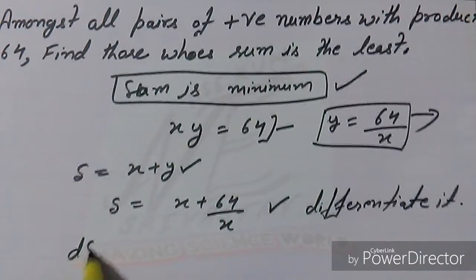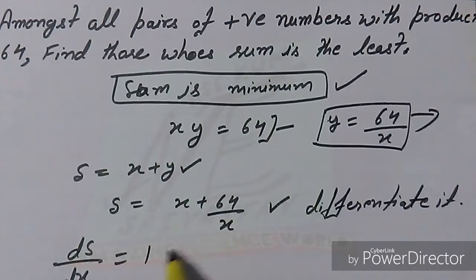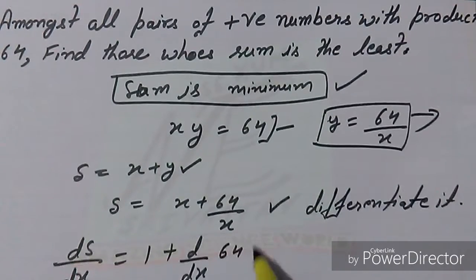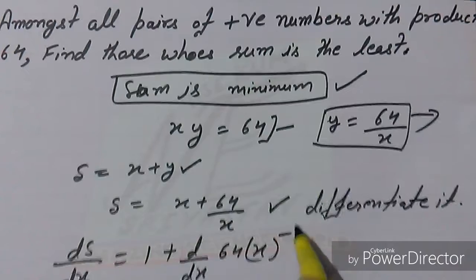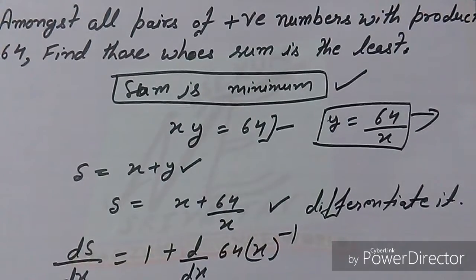Then ds by dx is 1 plus the derivative of 64 by x, which is 64 times x to the power minus 1.